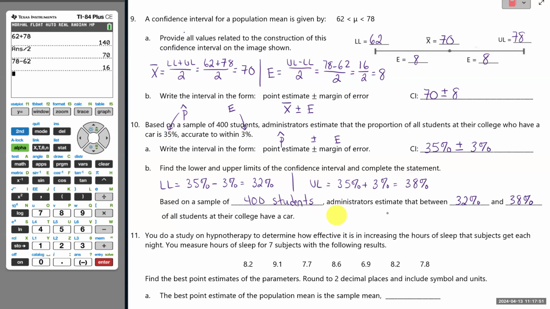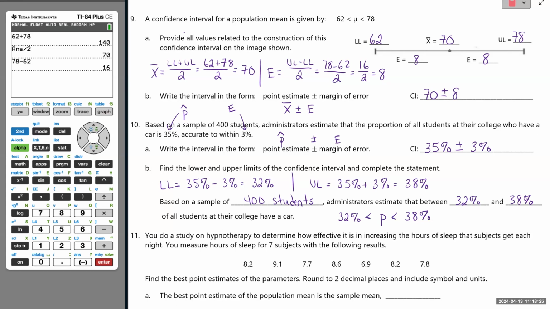Okay, I want to write that confidence interval in the form lower limit, upper limit, just for practice here. So if we go with percents again, oops, sorry, the lower limit, 32%, and then to say between, we'd have the less than sign, and then we're estimating p, the proportion of the population that have a car, less than sign, and 38%.